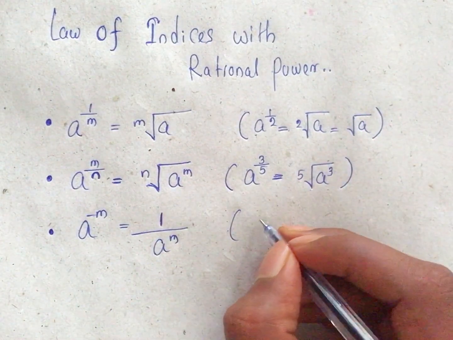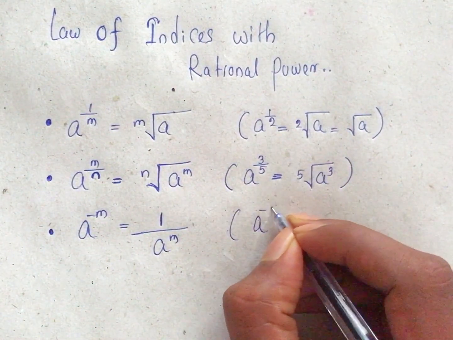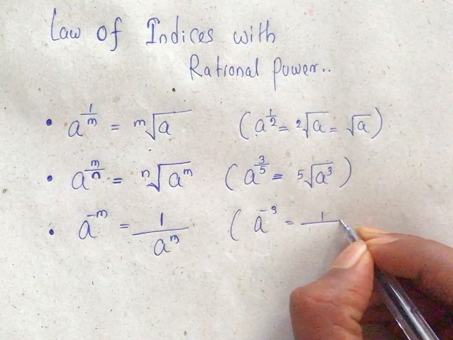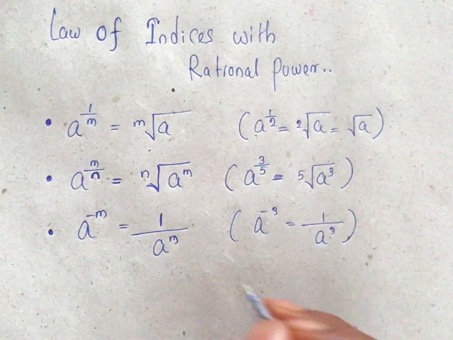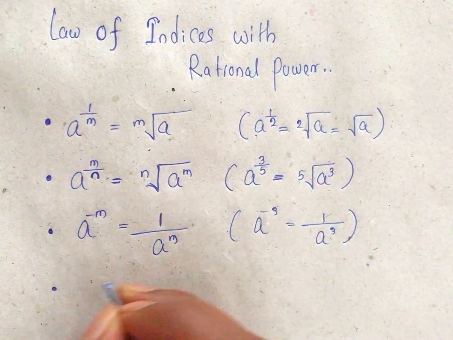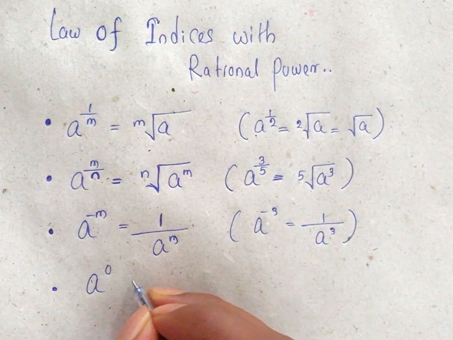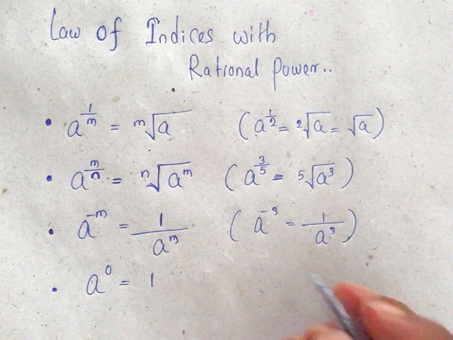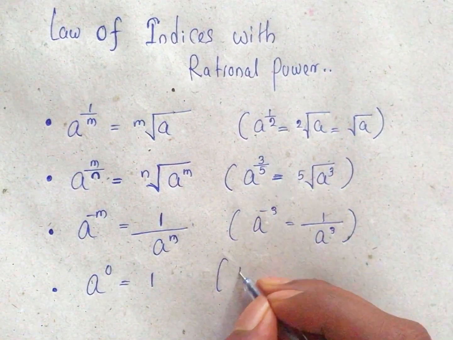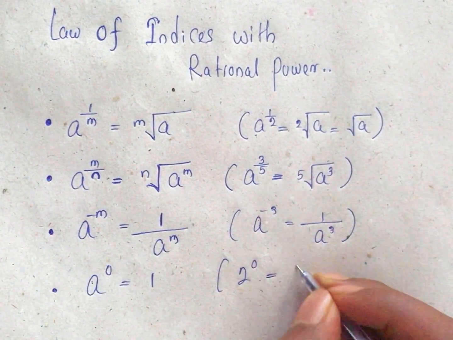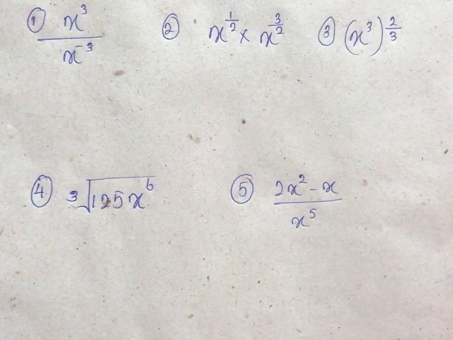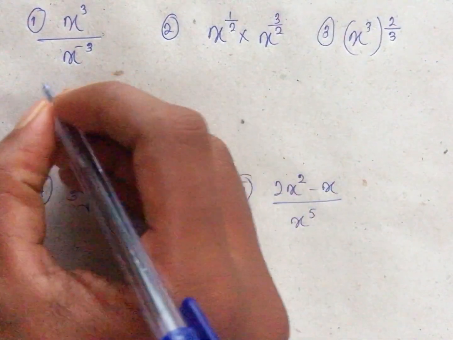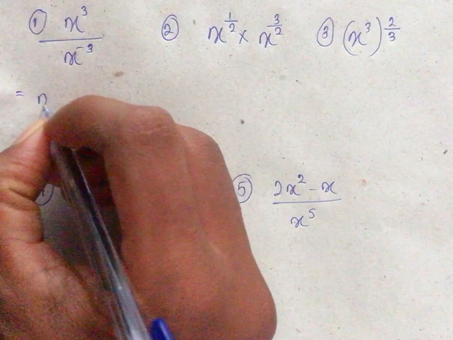As an example, a to the power minus 3, we can write it as 1 over a to the power plus 3. Final point you need to remember, a to the power 0 is equal to 1. Any number to the power 0 is equal to 1. You should remember that.